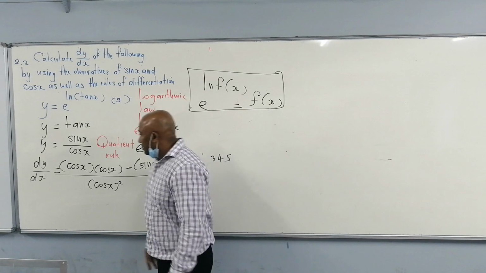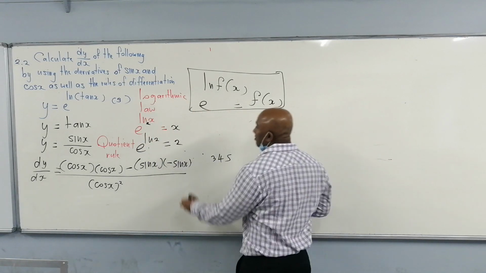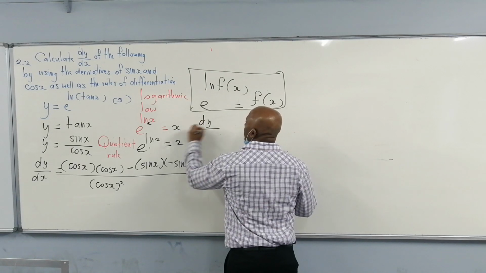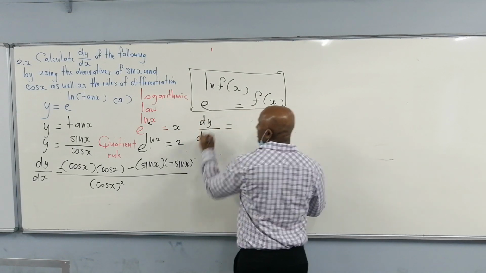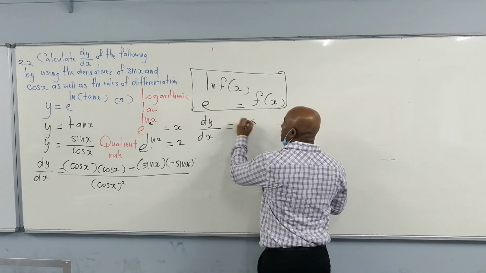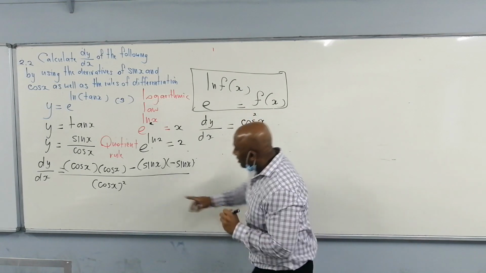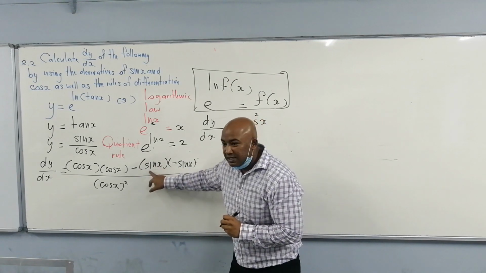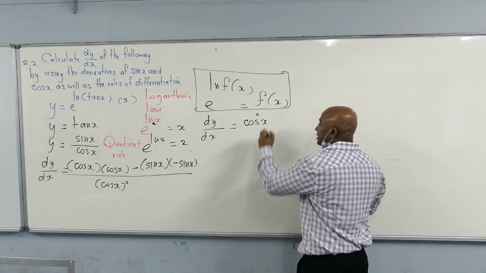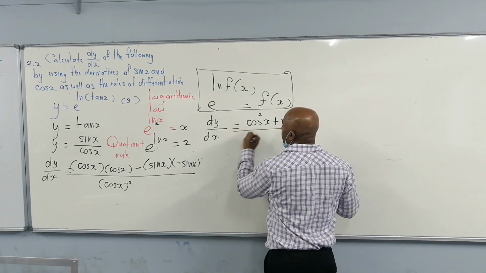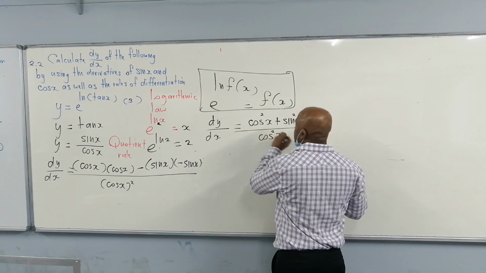Okay. Now, let's simplify. So my dy over dx: I got cos times cos, which is equal to cos squared. Then I got a negative times a negative, which is a positive. Sine times sine will equal sine squared, all divided by cos squared.